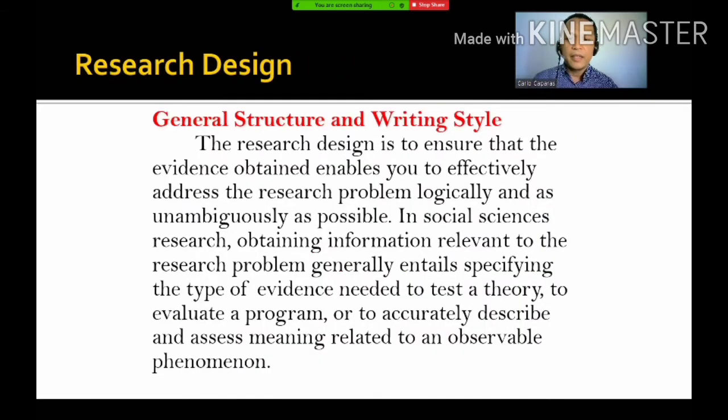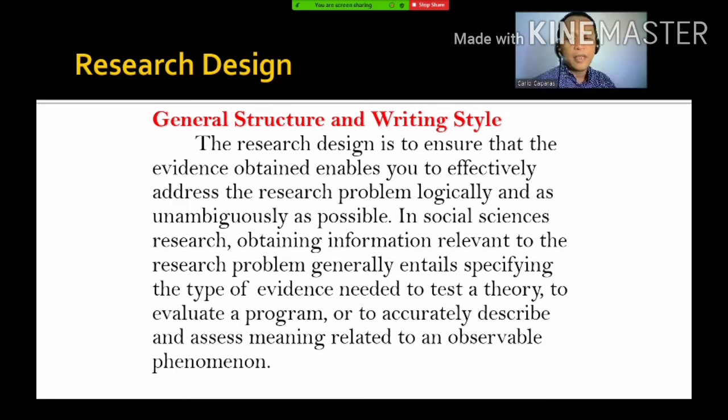For the research design, the researcher adopted the general structure and writing style. The research design is to ensure that the evidence obtained enables you to effectively address the research problem logically and as unambiguously as possible.